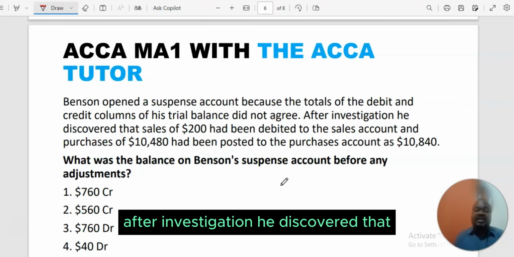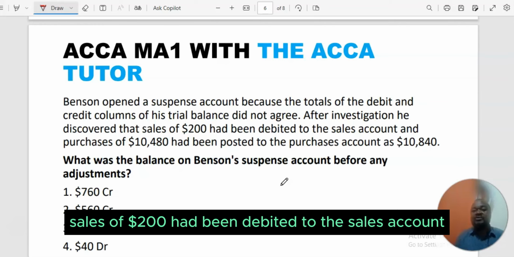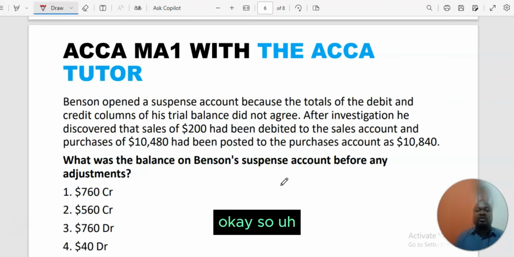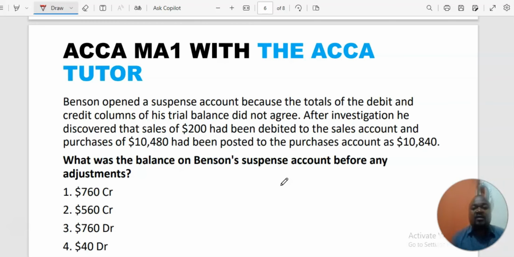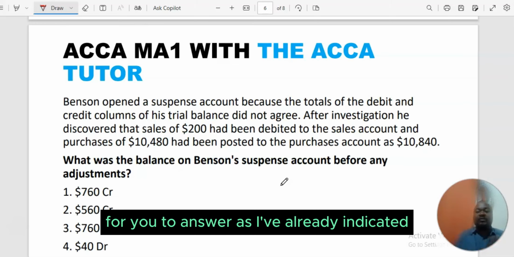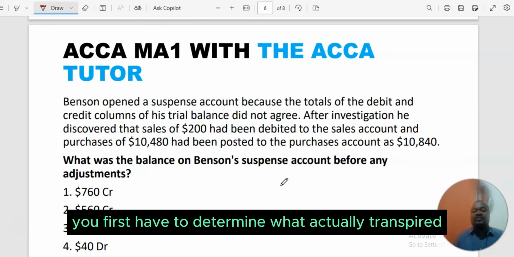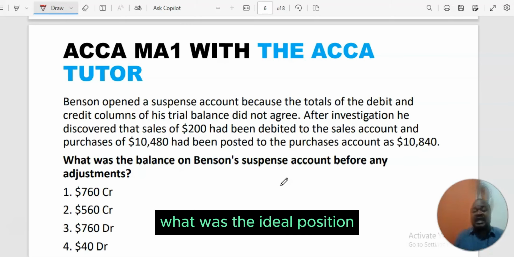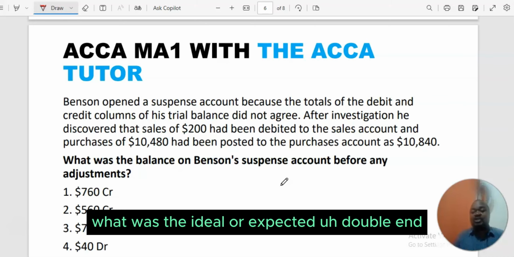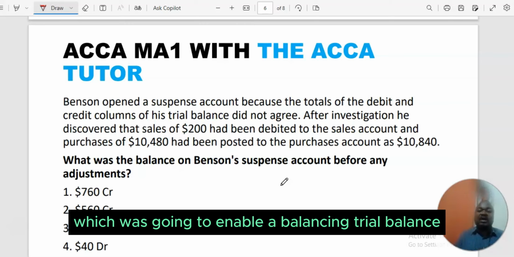After investigation, he discovered that sales of $200 had been debited to the sales account. So for you to answer, as I've already indicated, you first have to determine what actually transpired, what was the ideal position, what was the ideal or expected double entry, which was going to enable a balancing trial balance.